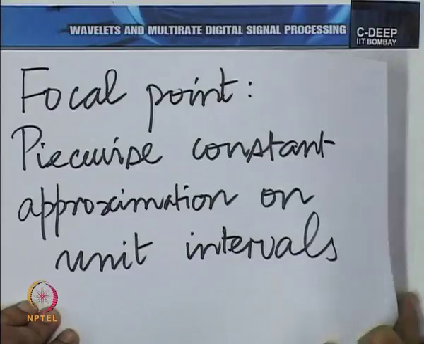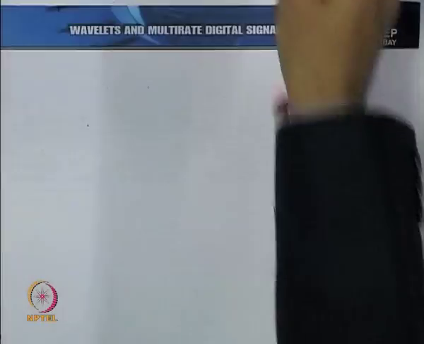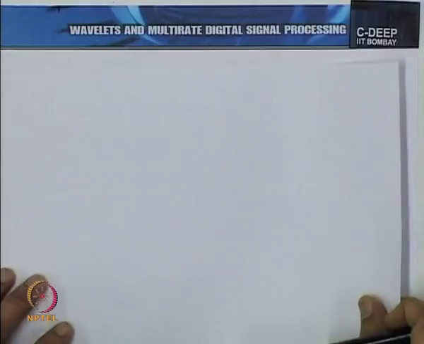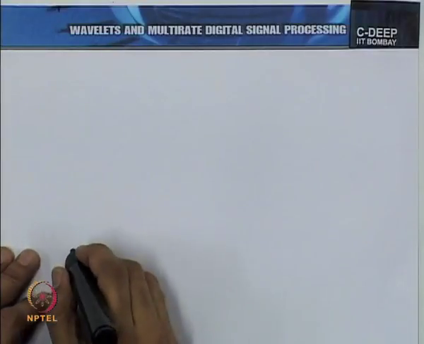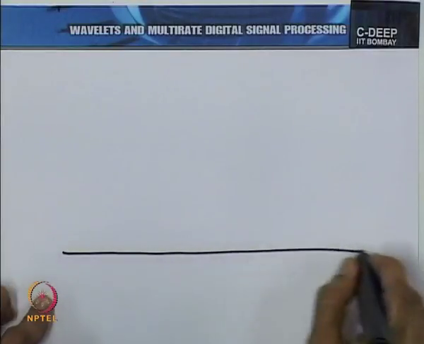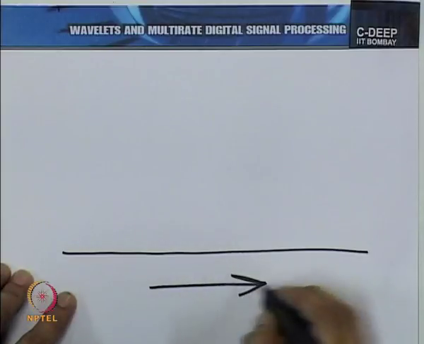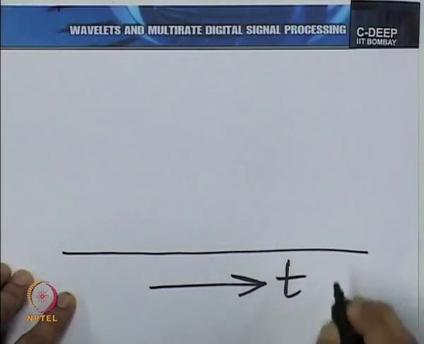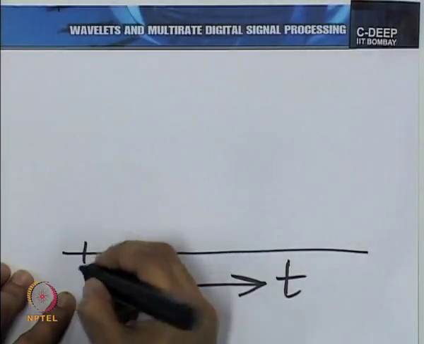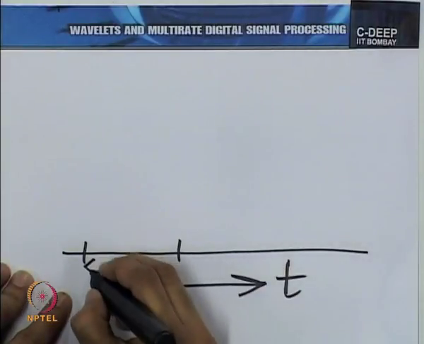And let us sketch this to explain it better. So, what we are saying is, you have this independent variable, again without any loss of generality, let that independent variable be t. You have unit intervals on this.